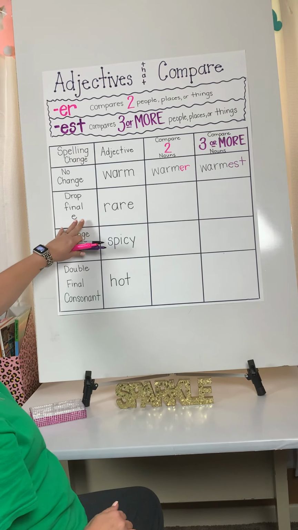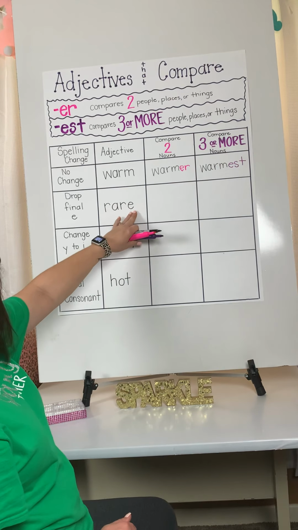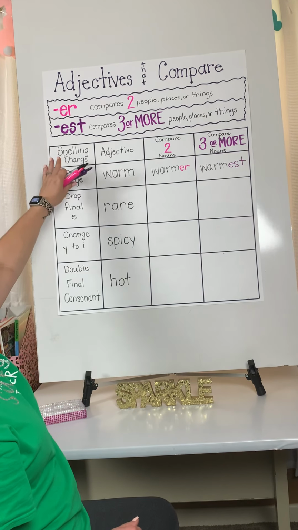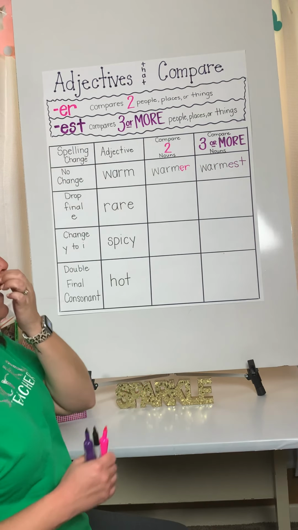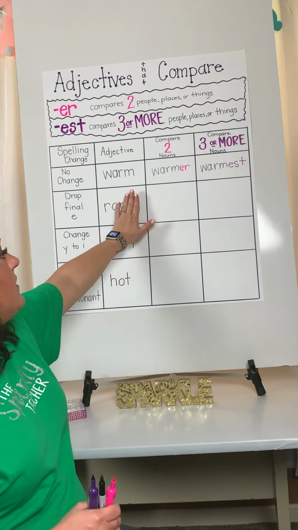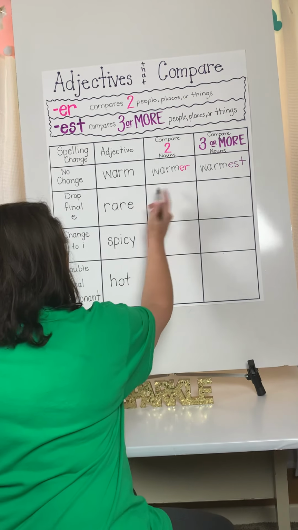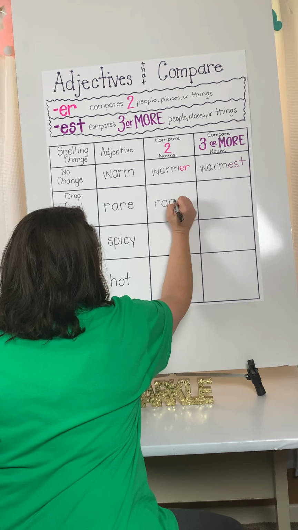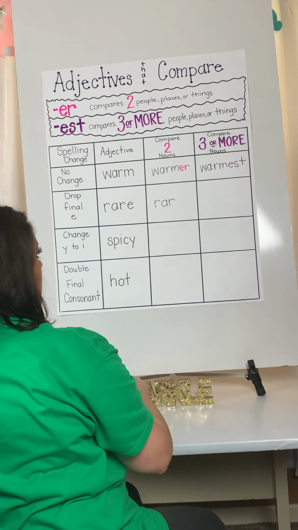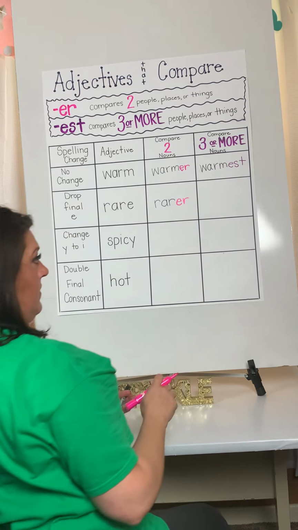The next spelling change is when you drop your final E. When you have your vowel consonant E words and you add ER or EST, since there is an E that begins those suffixes, you will drop the original E on the word. So, rare, when you start to do your ER, you drop this E and add ER.